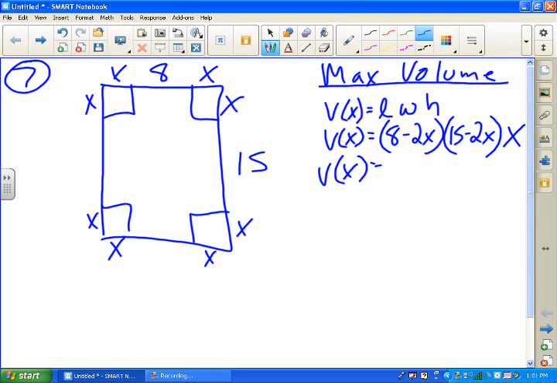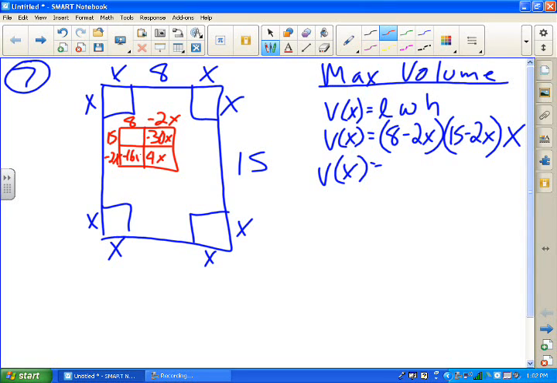Now to find the maximum volume of this, what I need to do is take the derivative of that. And so to help me take the derivative, I'm going to FOIL these binomials through, and I should get a cubic. So just over here where I've got a little empty space, I'm going to multiply 8 minus 2x times the quantity 15 minus 2x. And I'm going to write it in here, and it's going to be kind of small, but I don't have a lot of room.